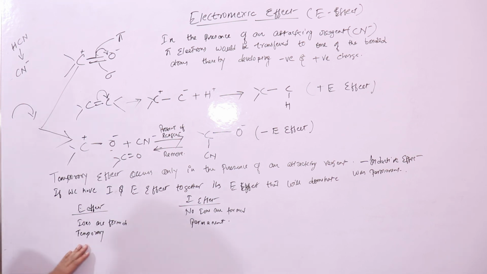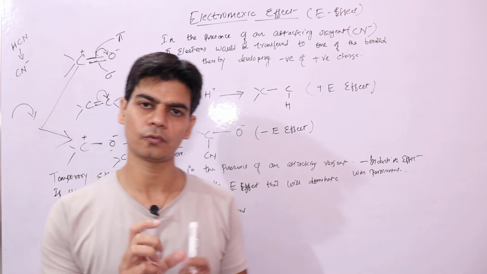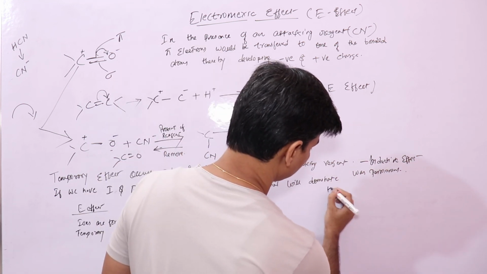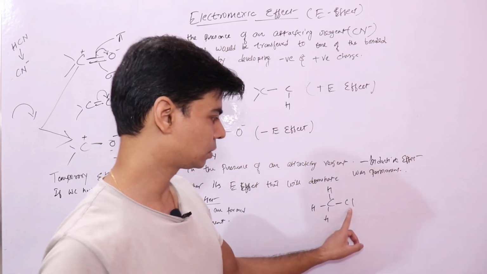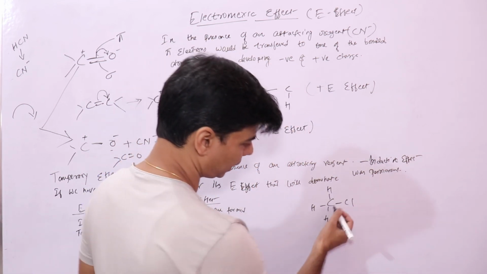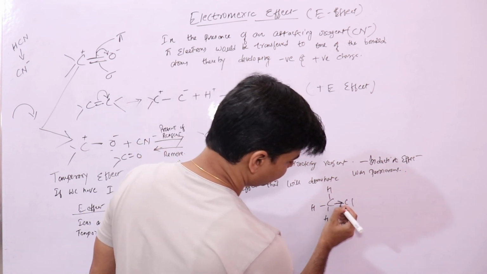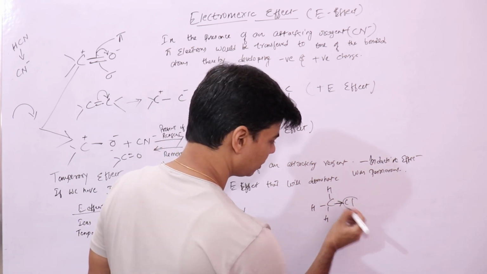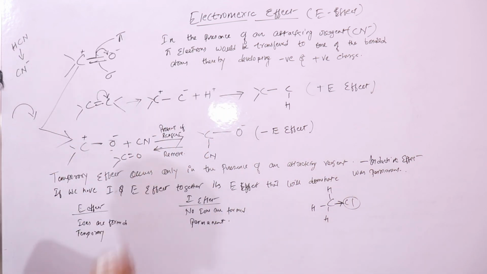And the other could be in the inductive effect. In the inductive effect, it's only the presence of a group. For example, say this is your chlorine group, a halogen group attached. This is methyl chloride, so it will displace the electrons towards itself because of high electronegativity. There is no reagent involved here, whereas this has taken place only in the presence of a reagent.